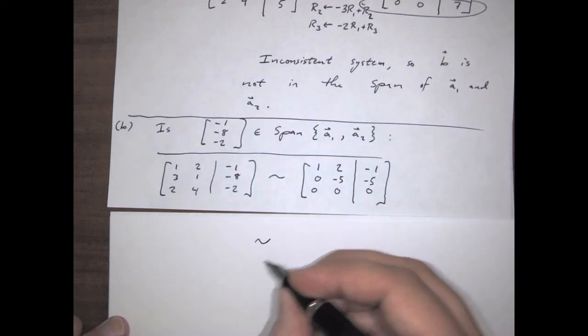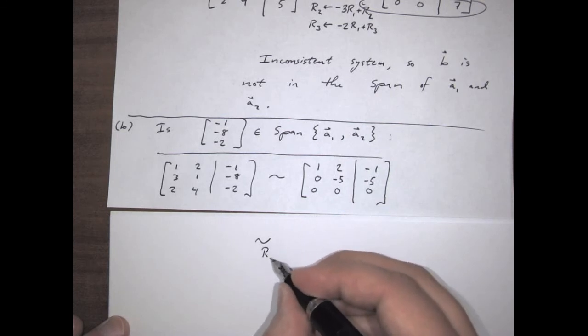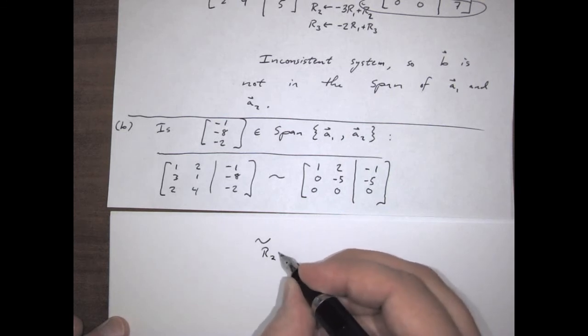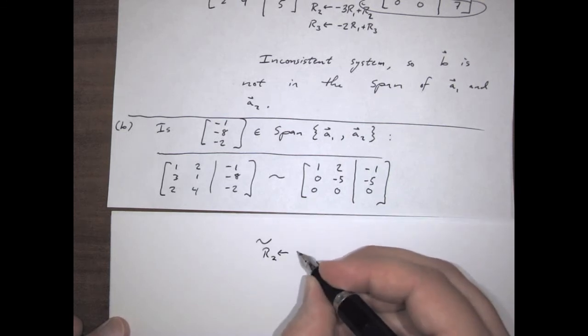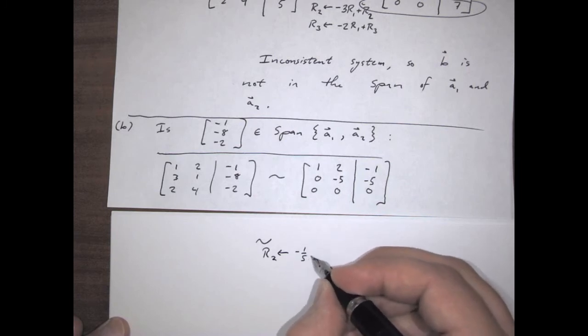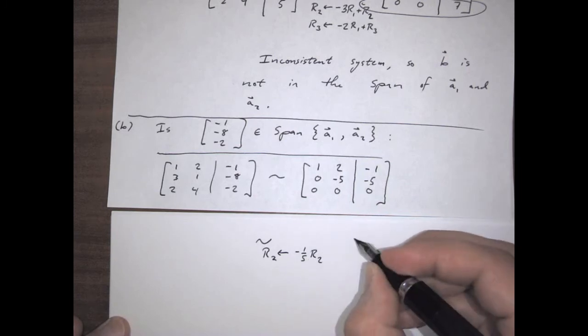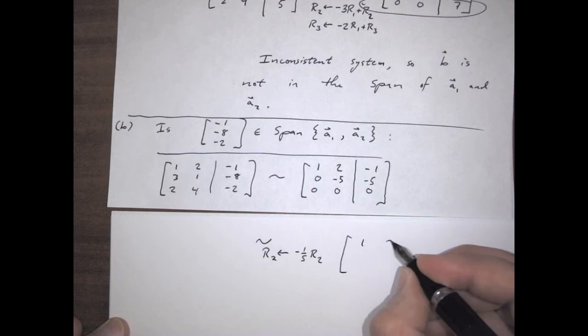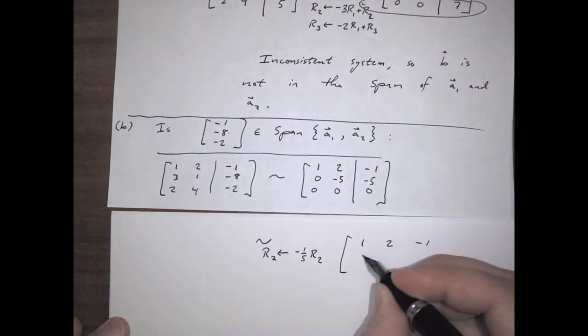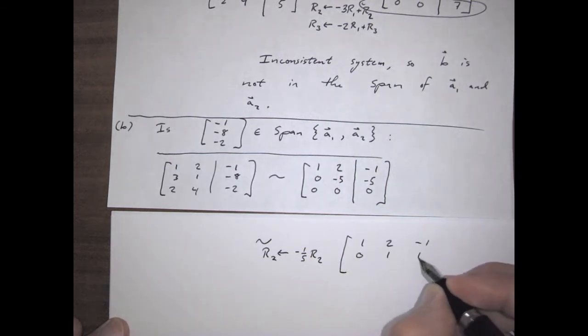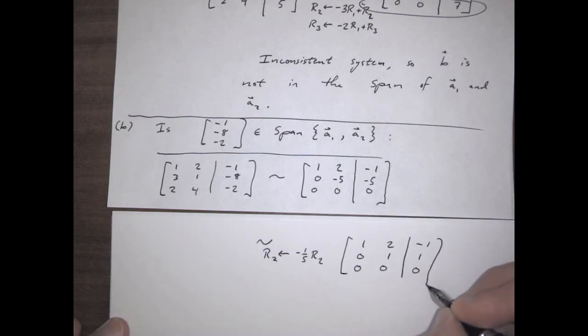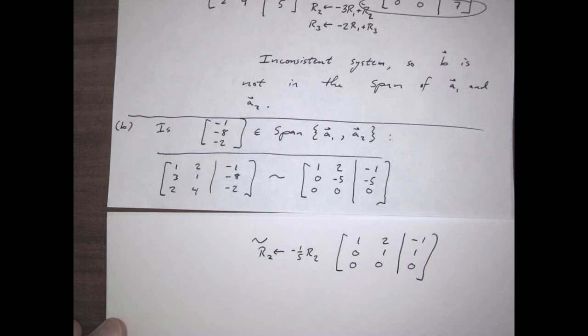And here we can just seal the deal by taking row 2 and scaling it by -1/5. And what's that going to give us? 1, 2, -1, 0, 1, 1, 0, 0, 0. Which is all looking pretty good.